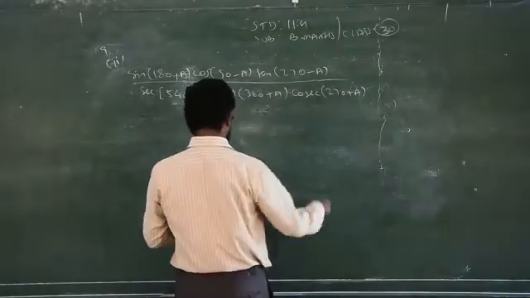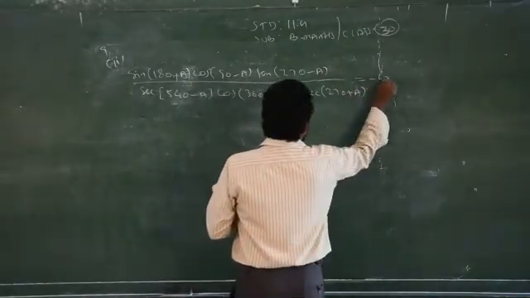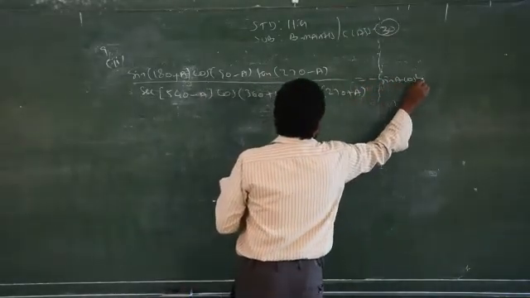So, you have to prove that it equals minus sin A into cos square A.